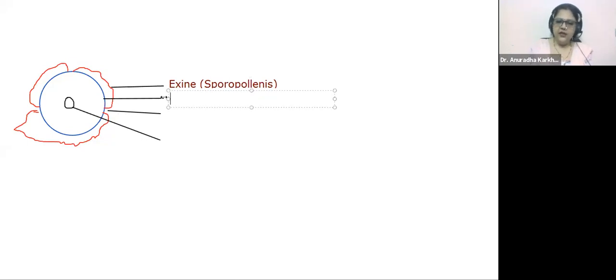The other one, the blue one, is going to be called intine, and the intine is going to be made up of what? A substance called pectin, and it's also going to have a little bit of cellulose.